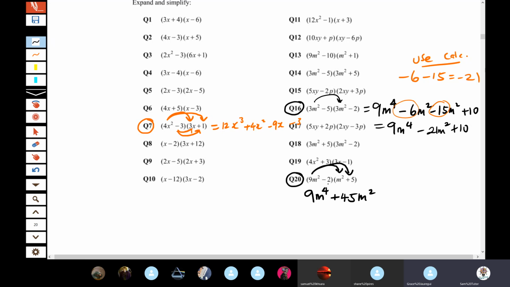Then negative 2m squared, and then -2 times +5, negative 10. Fantastic. You can't simplify that. These two here together, 45 take away 2, 43m squared.